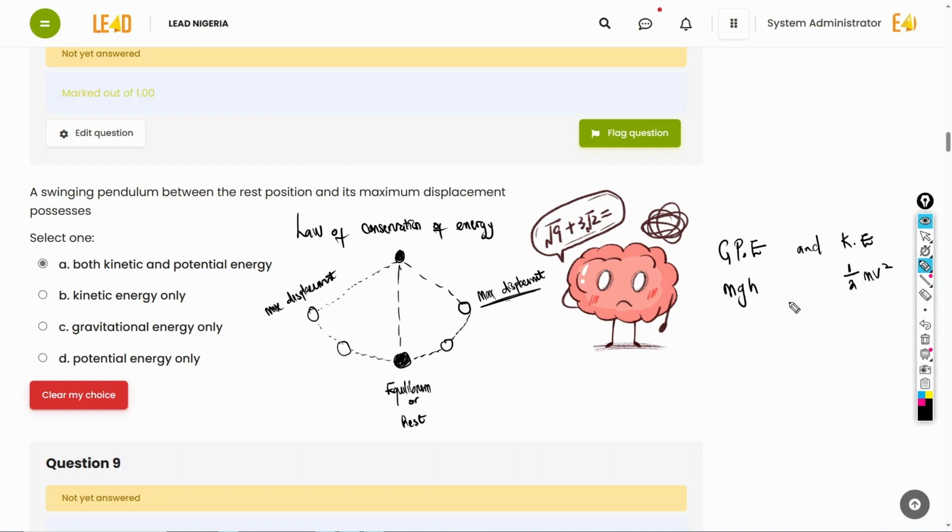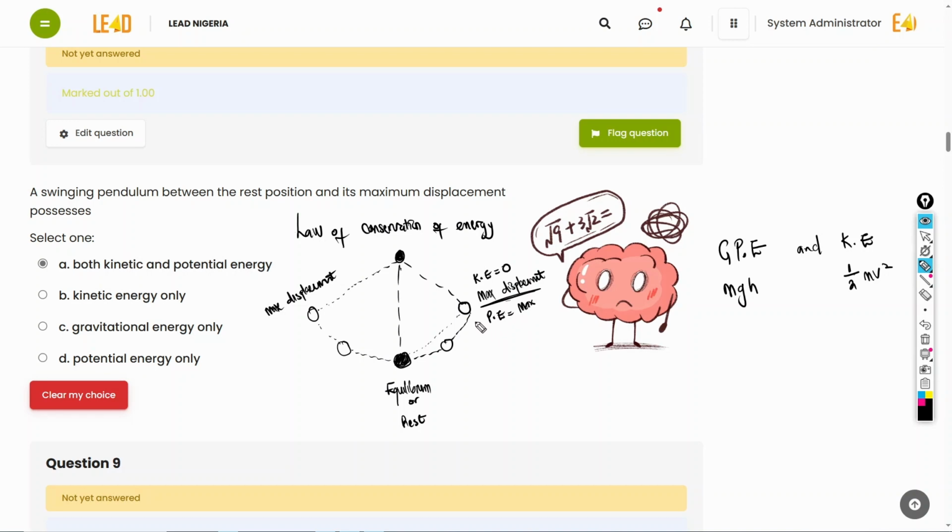You would notice that the velocity is 0 because it actually stops. So your object would move but reducing speed, get here and stop completely before it starts tracking back, and then begins to pick up speed again. So what happens here is that your kinetic energy is 0 and your potential energy will be maximum.